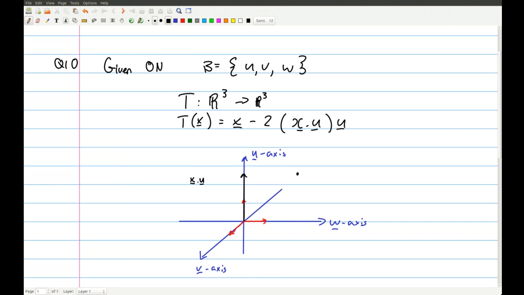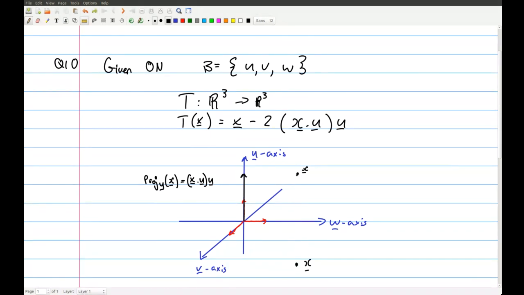X dot u, u is the projection onto u of x. And I take my vector x and I subtract once the projection and I subtract it again, moving it over here.